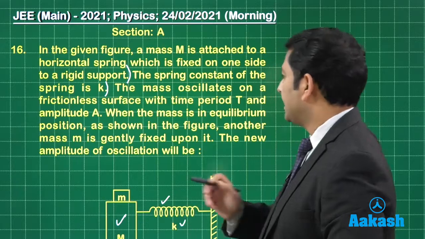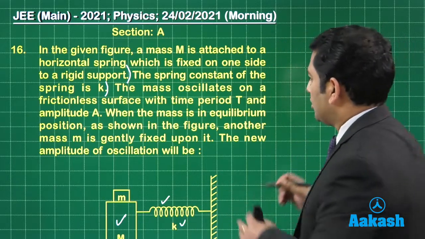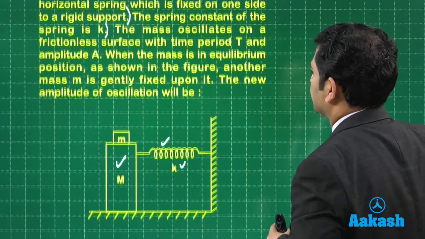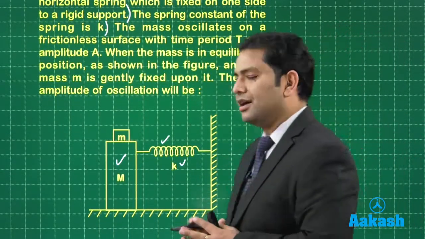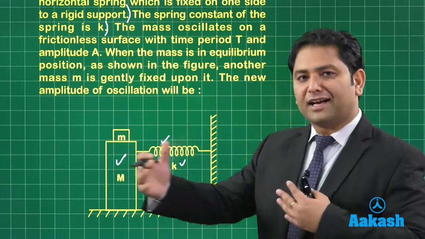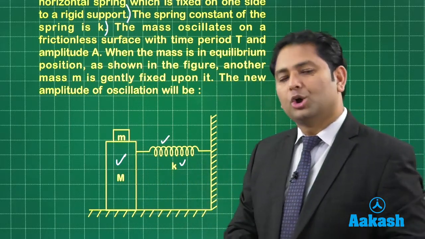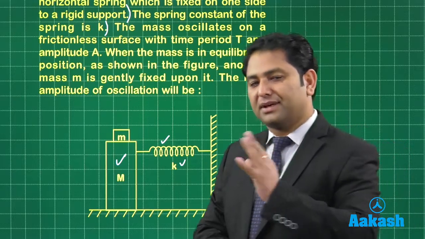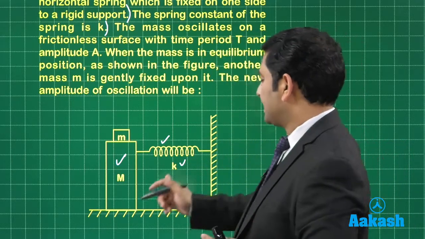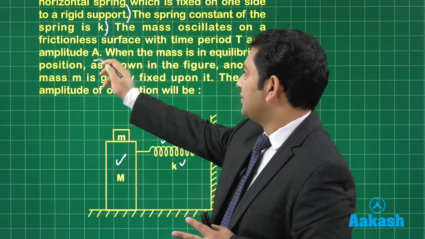So here K is given. And only that capital M oscillates on a frictionless surface with a time period capital T. So when there is only the larger block, that larger block will oscillate with a time period of capital T. You get that point? And of course the amplitude is capital A as well.